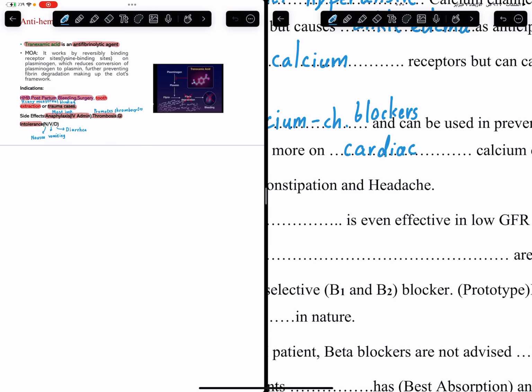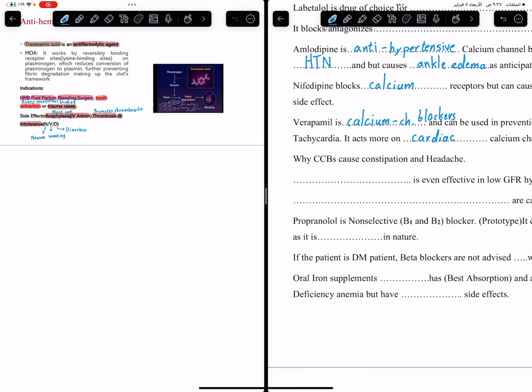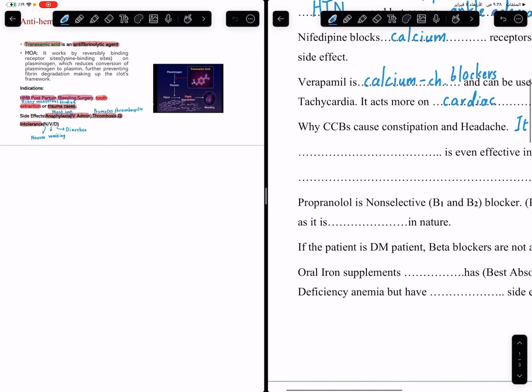Clear? Okay. Why do CCBs cause constipation and headache? It causes constipation because it acts on the calcium channels in the intestine. And headache because it is a vasodilator. Good. Okay. Which drug is even effective in low GFR patients?